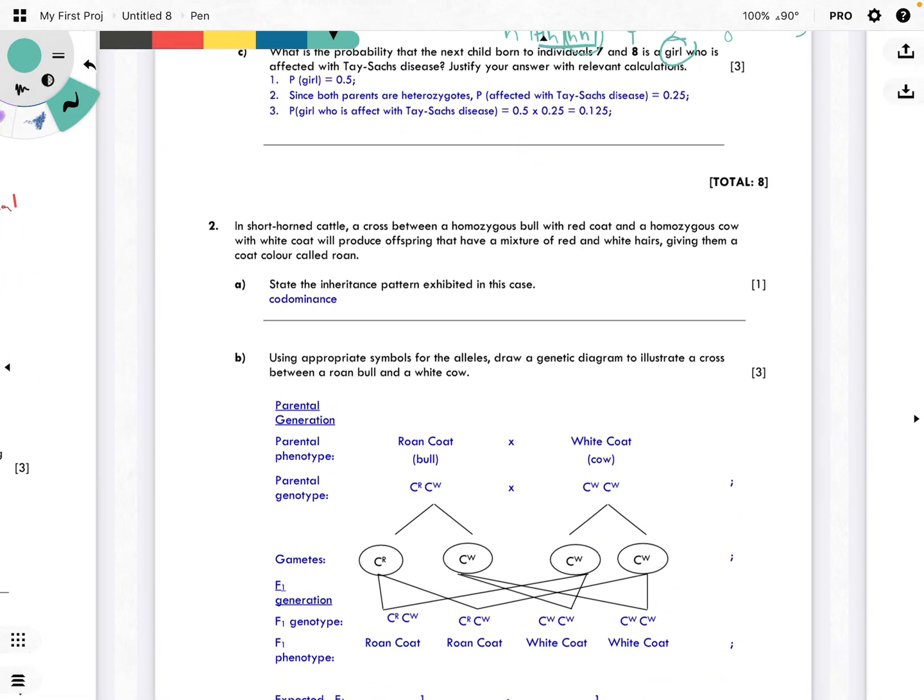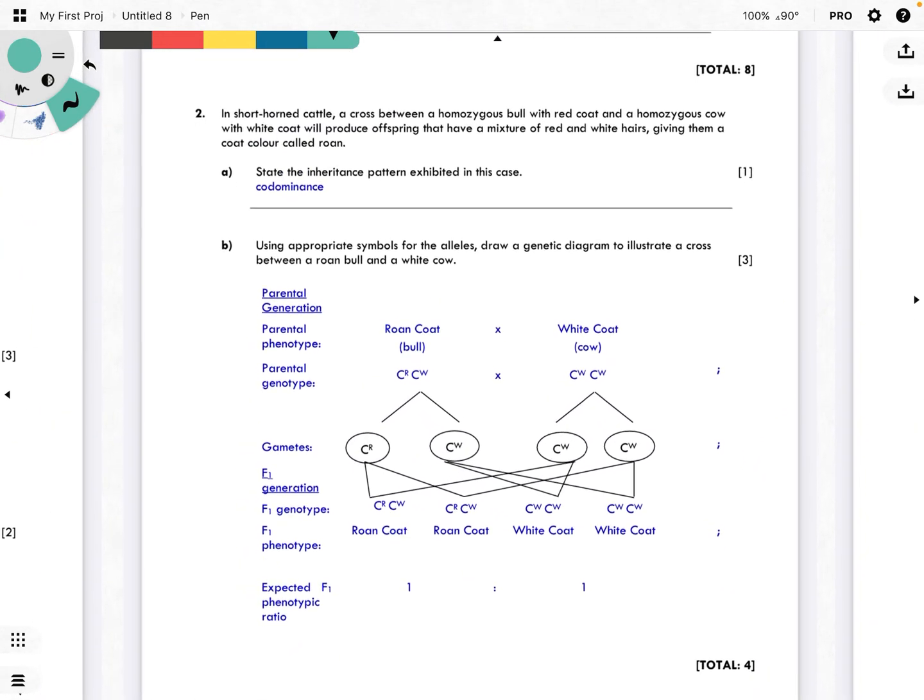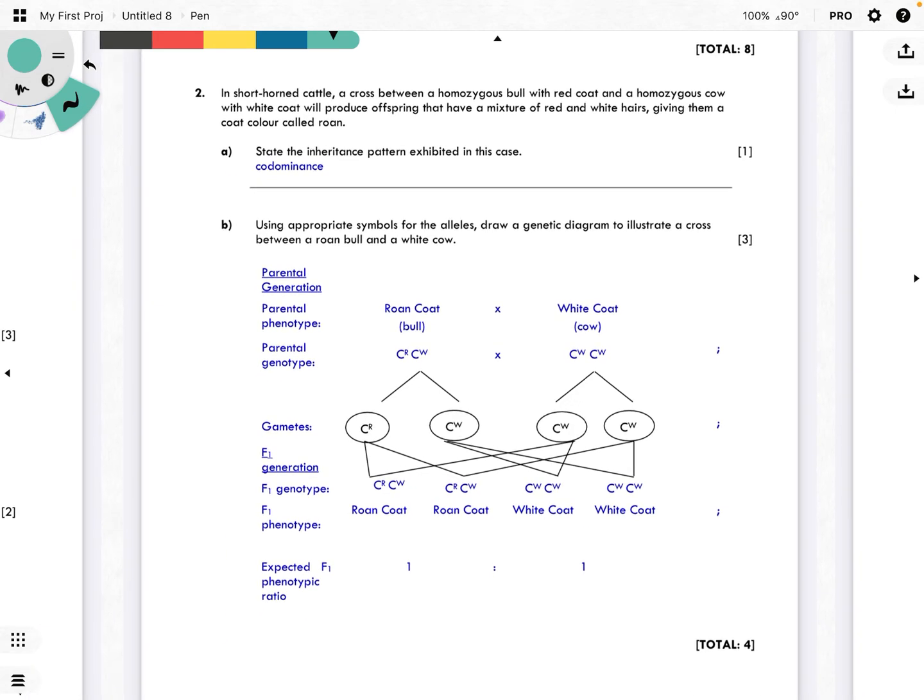The remaining questions all require you to draw genetic diagrams, which you have had the chance of practicing. In this particular example, it's about a cross between a homozygous bull with red coat and a homozygous cow with white coat. And the offspring are all a mixture of red and white hairs, which is what we call roan.